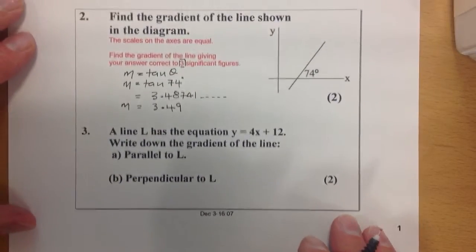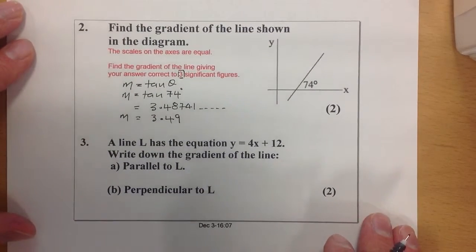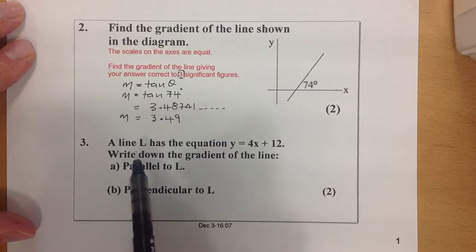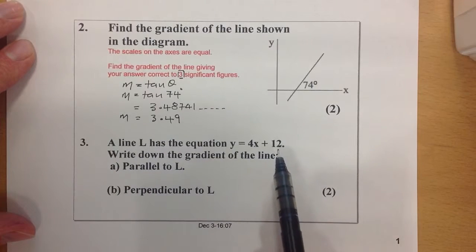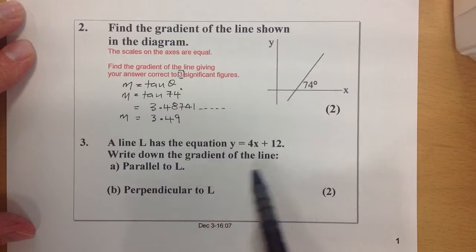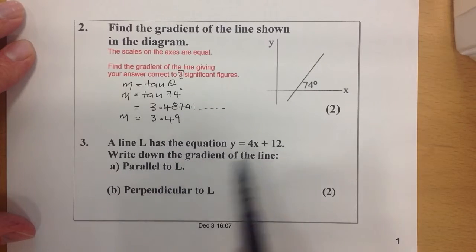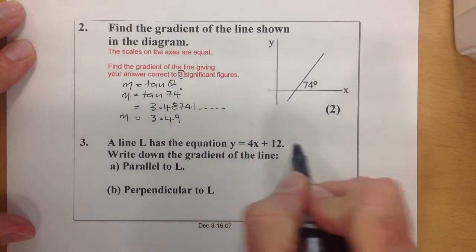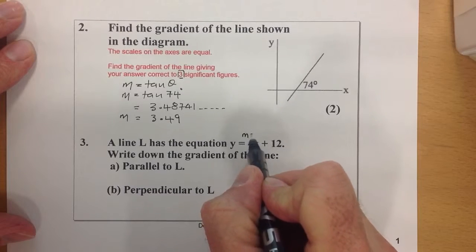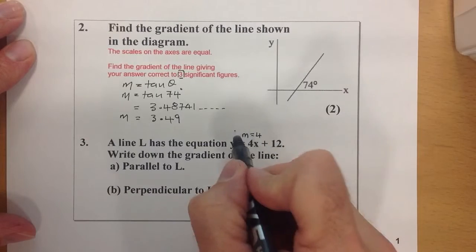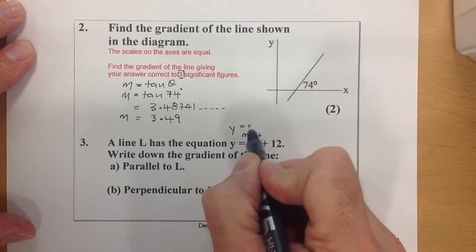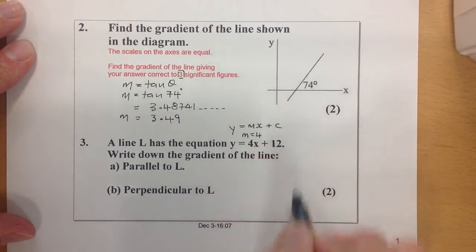Let's look at the third question. We've got a line L that has the equation y is equal to 4x plus 12. Write down the gradient of the line parallel to L. So I know that my gradient for L is equal to whatever's sitting there, 4, because remember that's just in the form y is equal to mx plus c, and I don't have to do any manipulation at all to that.